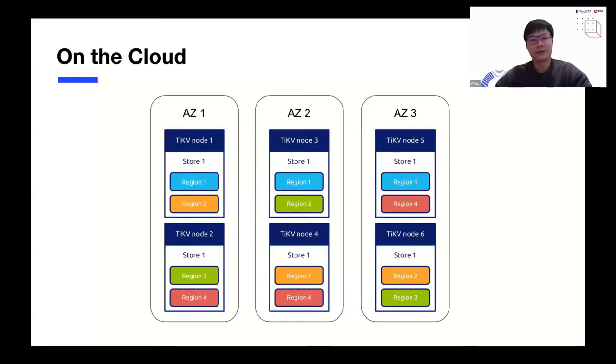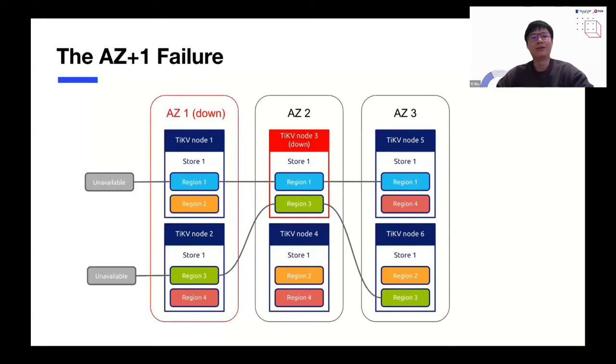But what if, along with one AZ down, another node in another AZ goes down? In this example, we are showing that AZ1 is down, but TiKV node 3 on AZ2 is also down.